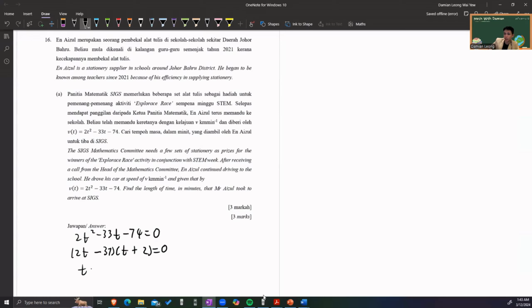So it's either 2t minus 37 is 0, means t is 37 over 2, or t plus 2 is 0, t is negative 2. But this is rejected because time definitely is not negative. I can't go back in time. Yeah, it doesn't make sense. So definitely time will be 37 over 2, means 18.5 minutes. Yeah, 18.5 minutes.